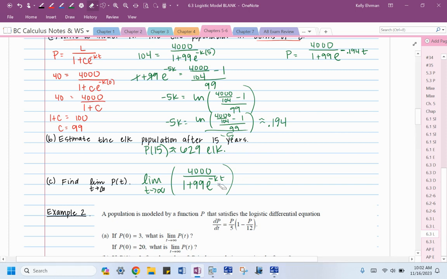It's probably better to write it like this: 99 over e to the kt, because when you're plugging in infinity into that, you're getting 4,000 over 1 plus 99 over infinity, which is practically 0. So 4,000. Now, did you have to do the math on that? No, because remember, this is logistics. So this is the carrying capacity L.